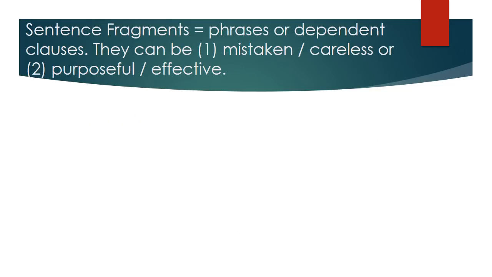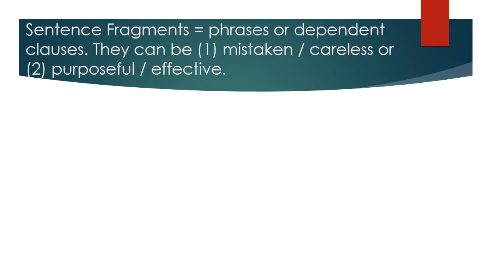The other thing that I want to talk about briefly are sentence fragments. So on the previous slide, we talked about complete sentences. No matter what, those sentences were complete. But sometimes we use fragments as well, and the way that we're going to define fragments is they're either a phrase or a dependent clause.